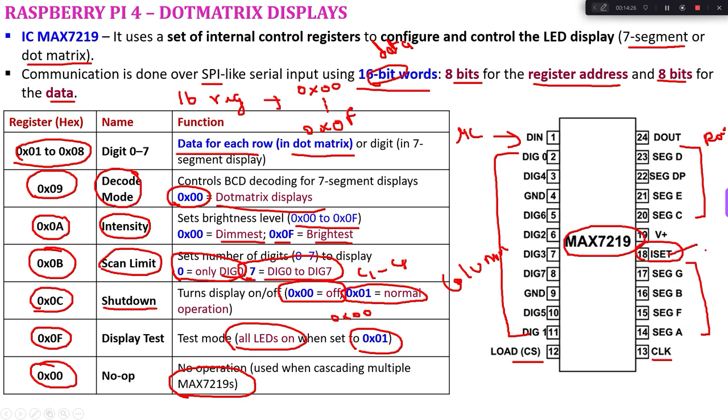I can connect a potentiometer and vary it to vary the intensity of the LED. Then we have a D out signal, which can go into the D in of the next MAX IC, so multiple dot matrix displays can be interfaced together.